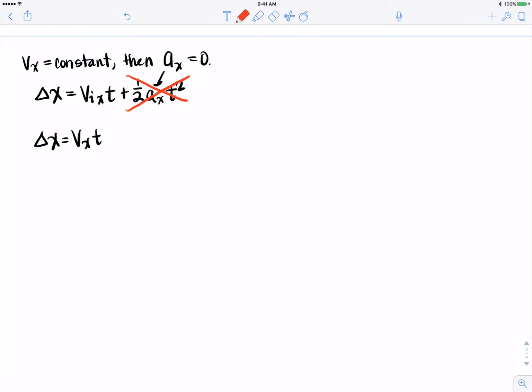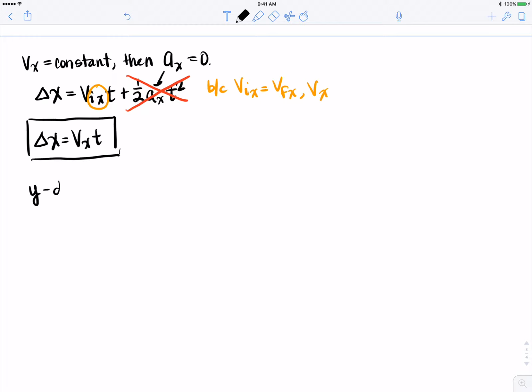Many of the terms in our kinematic equations would either cancel each other out or just equal themselves. In this case, we don't have a difference between v sub ix and v sub fx because v sub ix equals v sub fx, so we just call it v sub x. So again, in the x direction, we just have this one equation.